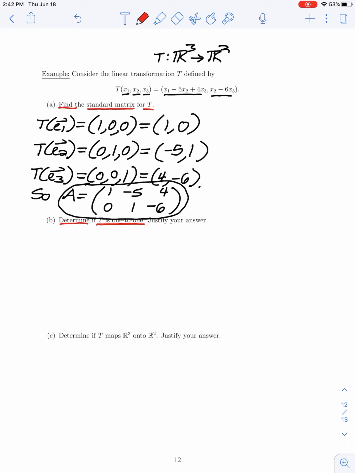Now we know from theorem 11 that this transformation is one-to-one if the equation T of x equals 0 has only the trivial solution. And since this is a matrix transformation, T of x is equivalent to A times x. We want to set that equal to 0 and see if we have a solution other than the trivial solution.